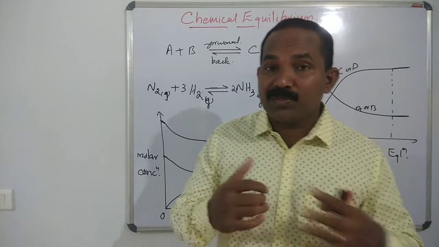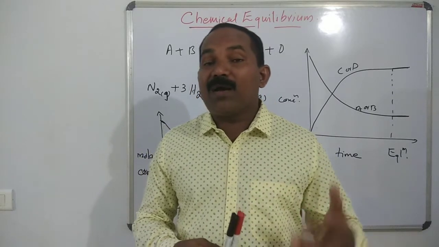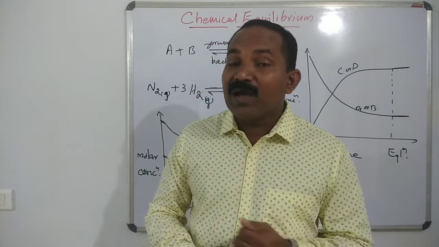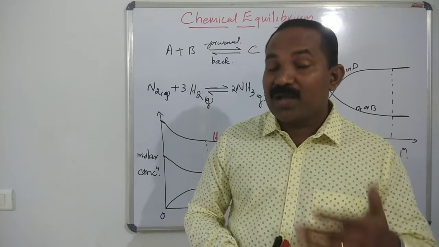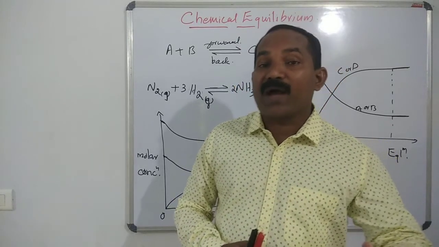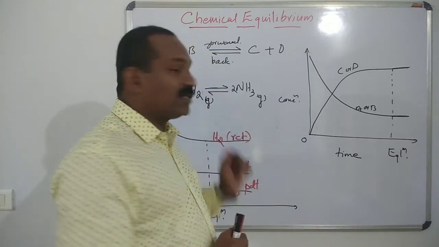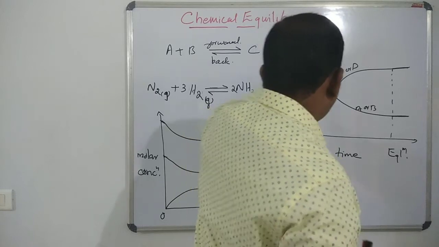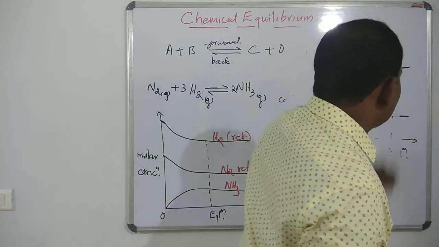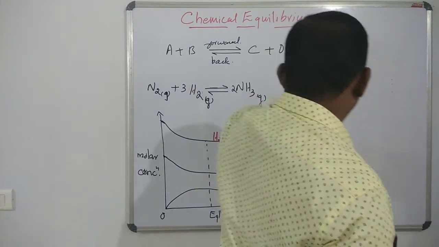How do we prove this? We prove this by taking deuterium, an isotopic study: deuterium, an isotope of hydrogen, instead of hydrogen molecules. We'll explain how to prove this is a dynamic equilibrium.